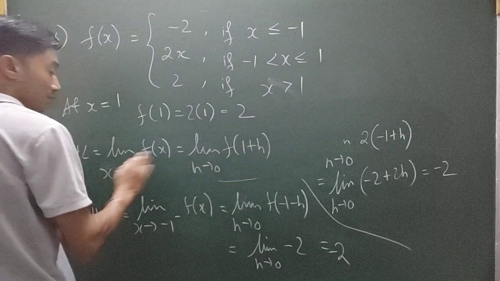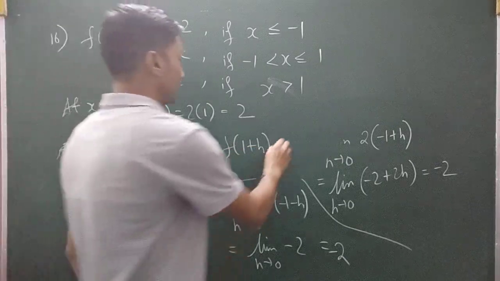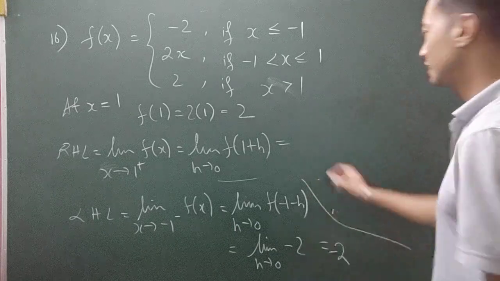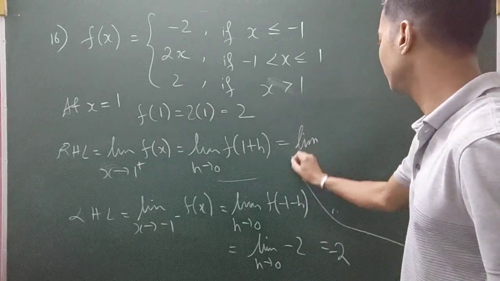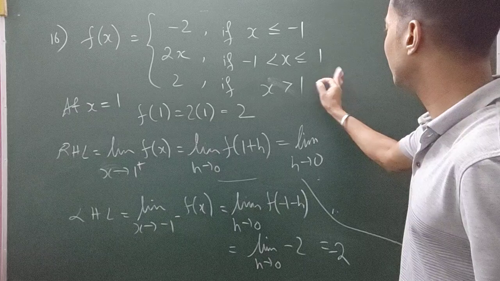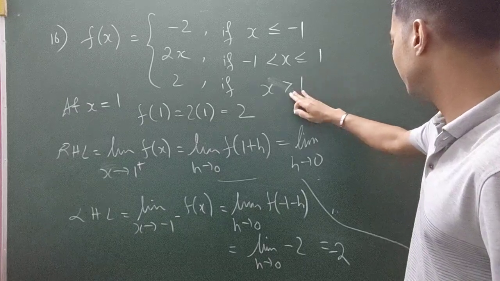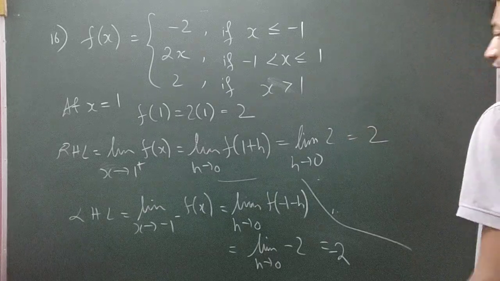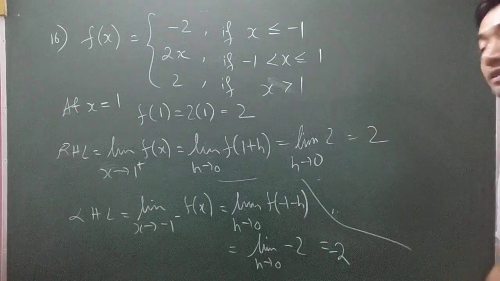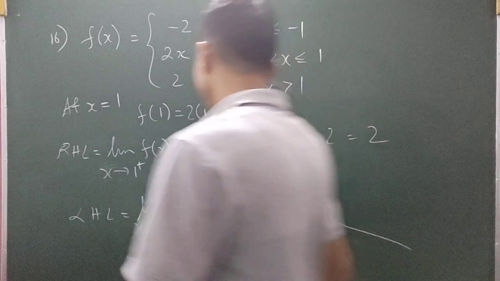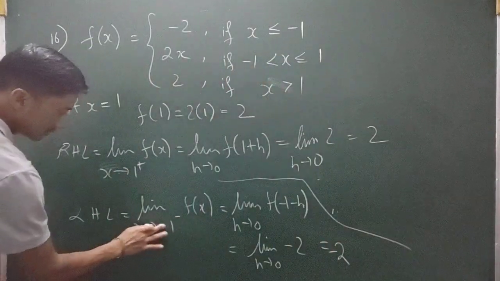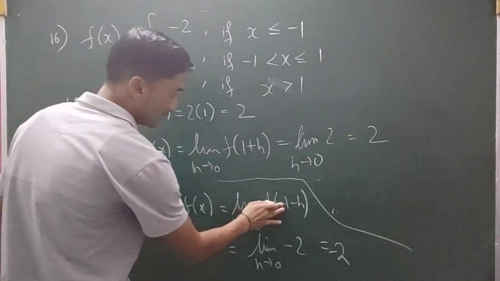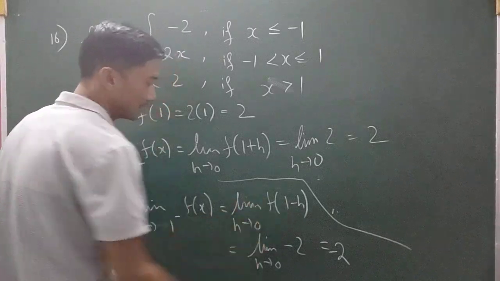For x slightly greater than 1, the value is 2. So the limiting value of the function is 2. What about the left hand limit? The left hand limit is for x slightly less than 1, that is 1 minus.